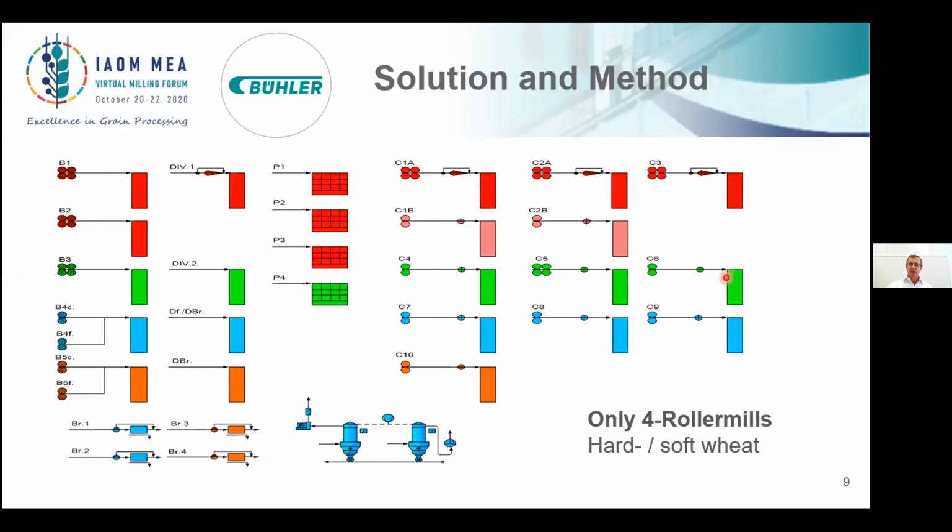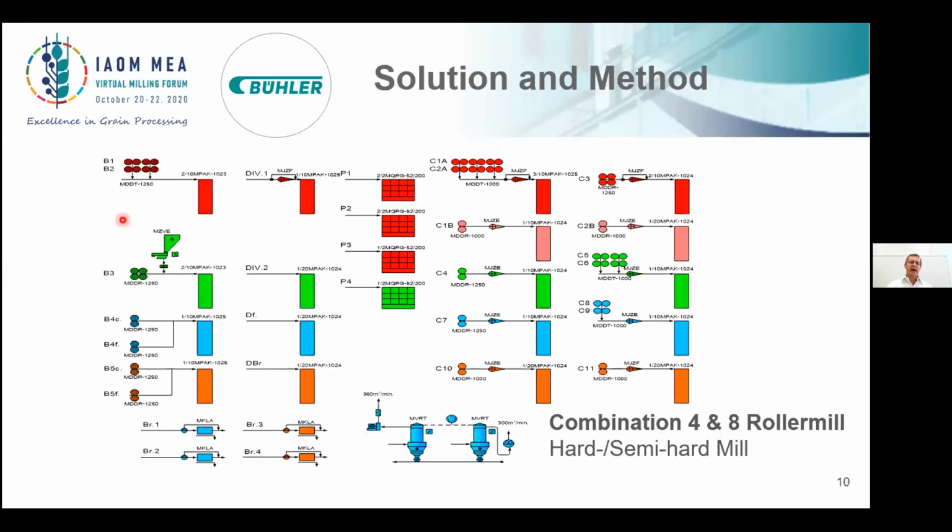Double high roller mills have the advantages of cost efficiency and space savings. So this would then be a combination B1, B2, C1A, C2A, C5, C6, but could also be C8, C9, always product of the same quality.